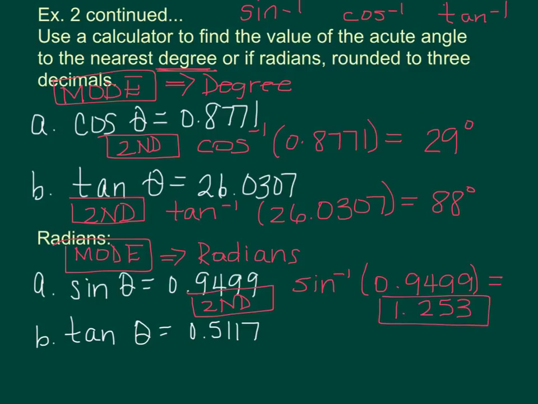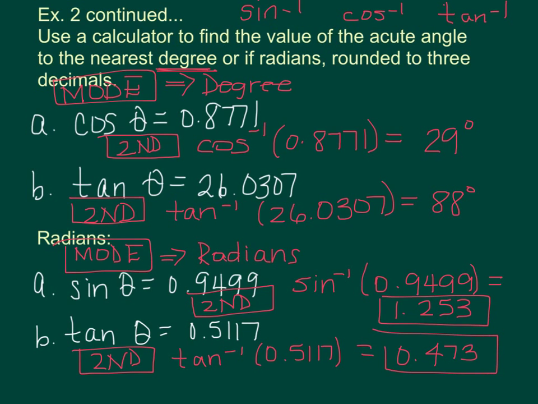And then do the same thing for the last one. Now we're going to do second tangent so we can get the inverse, and we will get 0.473 radians.